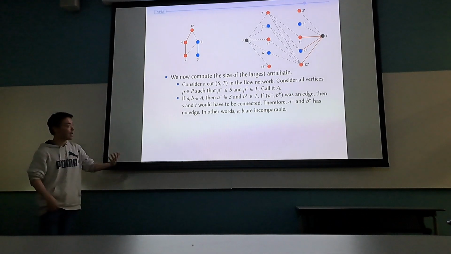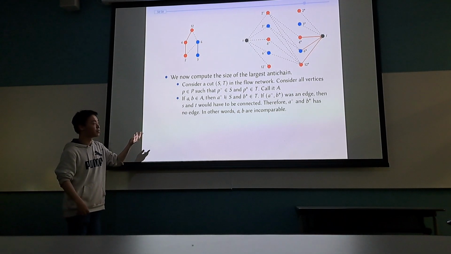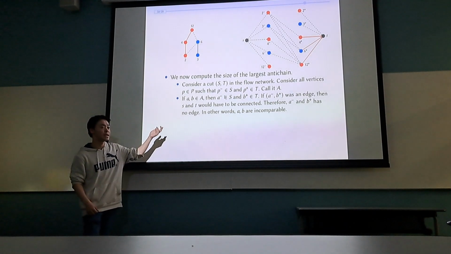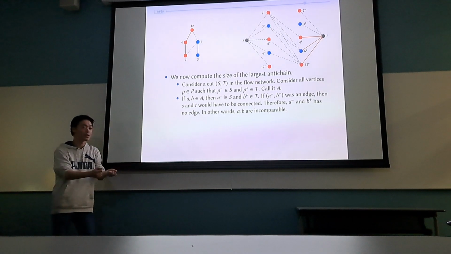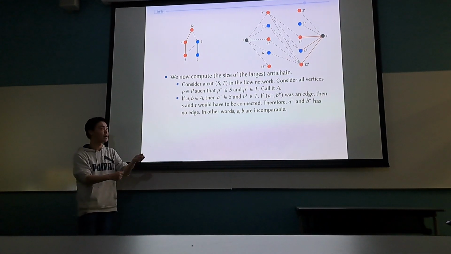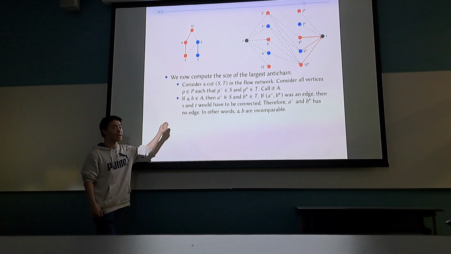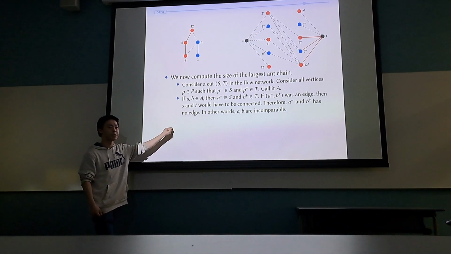So that means there can't be any edge between A minus and B plus. In other words, if you take any 2 points in A, they are incomparable to begin with.